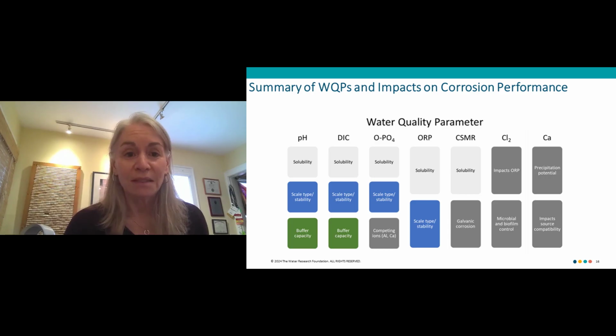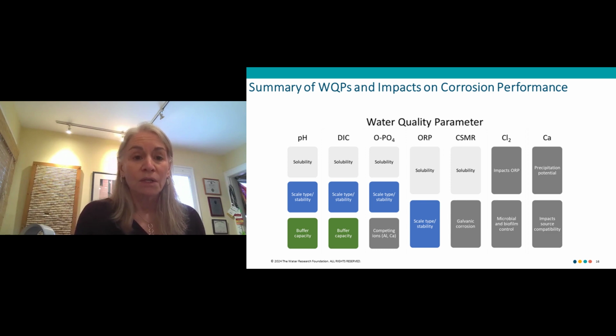And we color-coded some of the mechanisms that would be associated with changes in these parameters. So the lightest whitish gray color, all those parameters are going to affect the solubility of the metal. How much of the metal in concentration could be solubilized into the water? Whereas the blue boxes, these parameters will impact the type of corrosion scale that is formed, the mineral that is actually formed.